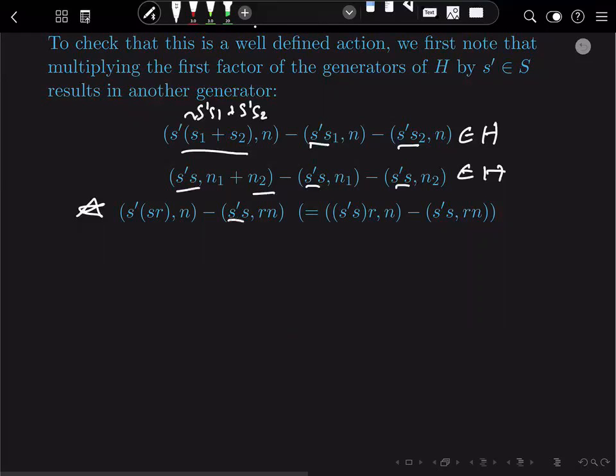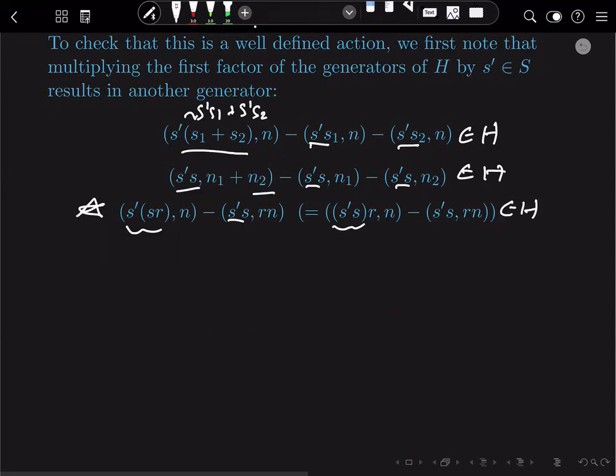What we can do here though, right, is notice that in this form, this isn't an element of H anymore, or this object isn't one of the elements that we're quotienting out by. But we can see that we can rewrite this through associativity, right? So this is the same as S prime times S times R in our ring S. So this is again an element of H.